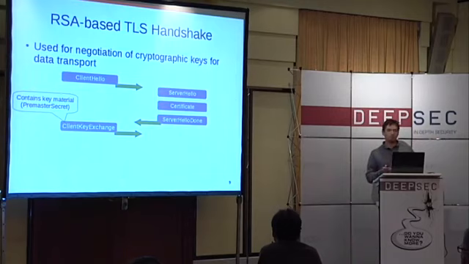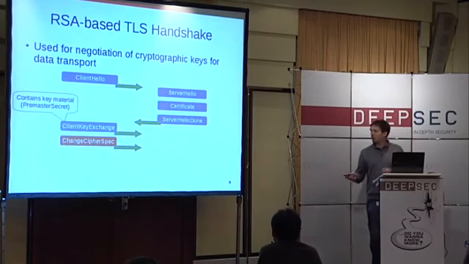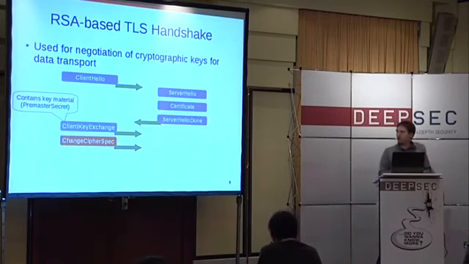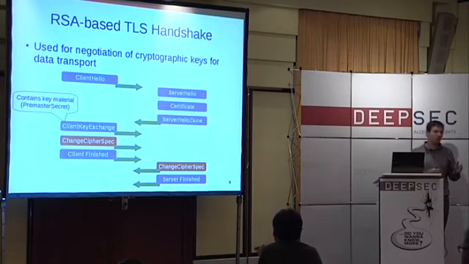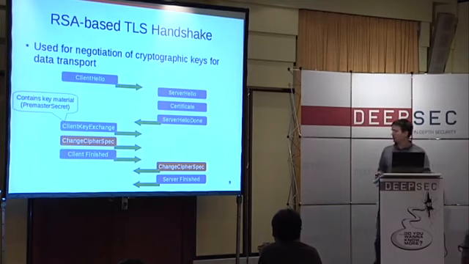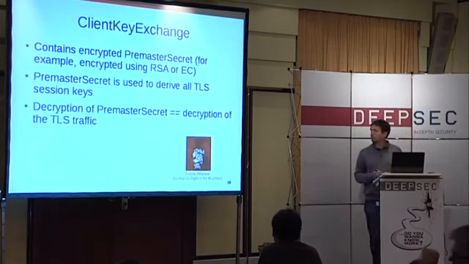This pre-master secret is used for generation of session keys in further communication. Afterwards, the client tells the server, change cipher spec. From now on, we can communicate securely in an encrypted channel. Then the client sends a client finished message, and the server responds with a change cipher spec. Okay, I understand, we can communicate confidentially, and he sends a server finished message.